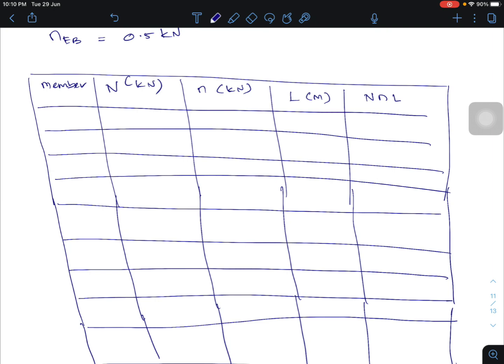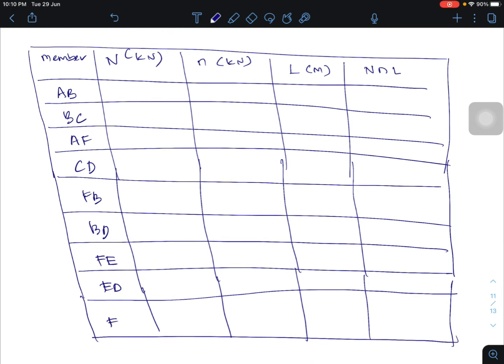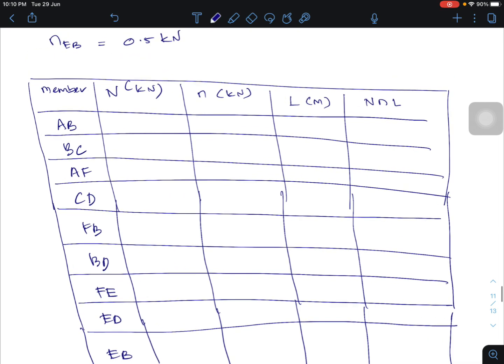Now, member AB equals BC, and then AF equals CD, and FB equals BD, and then FE equals ED, and EB is finally EB. Now we put all values into this table.